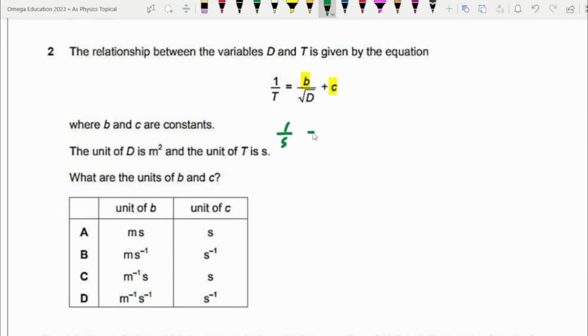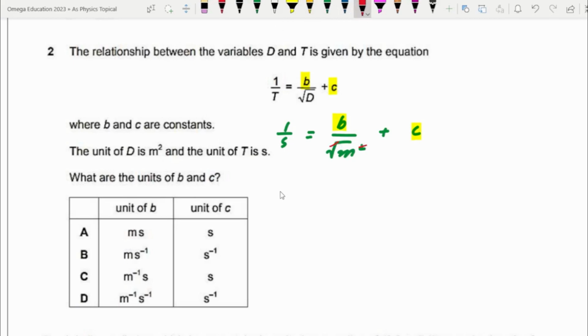So it would be 1 over S equals B as it is, because we need to find the unit of B. We don't have any information so far. Square root of, what is the unit of D? It is meter square. So square root of meter square plus, and we don't have the unit of C either. So the units of B and C have to be found out. You realize in the very first step you can cross out these two.